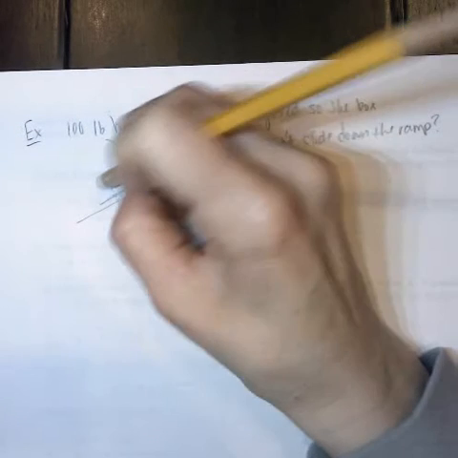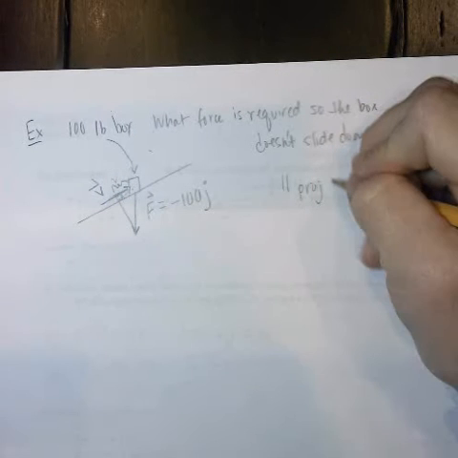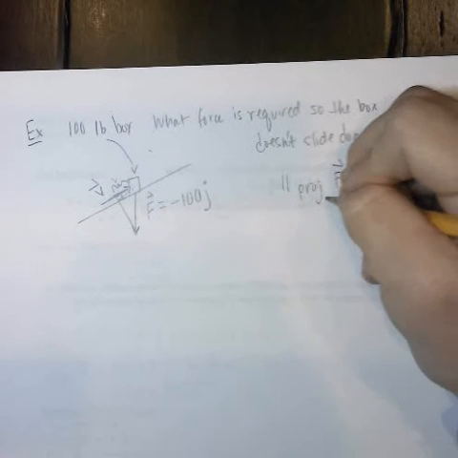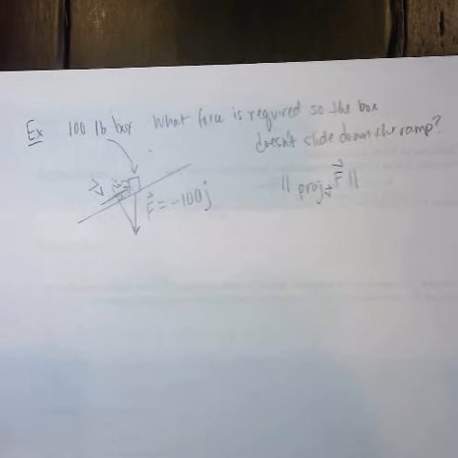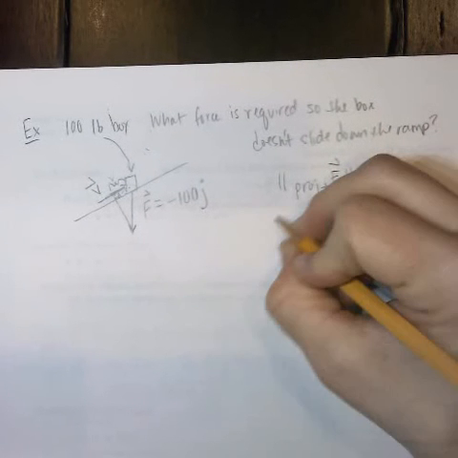I don't want to put V here. Let's just call this vector V. Right, we're going to project the force vector onto vector V. So the magnitude of that is the force required.